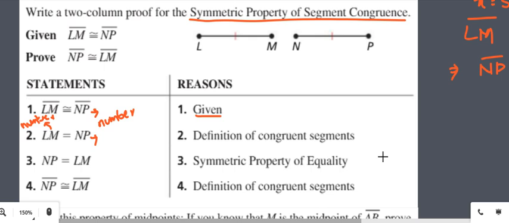First, I converted the problem from congruency to numbers, and now I will use the symmetric property of numbers. Then I can get that, because the symmetric property exists for equality. Is it clear how we are getting the things?